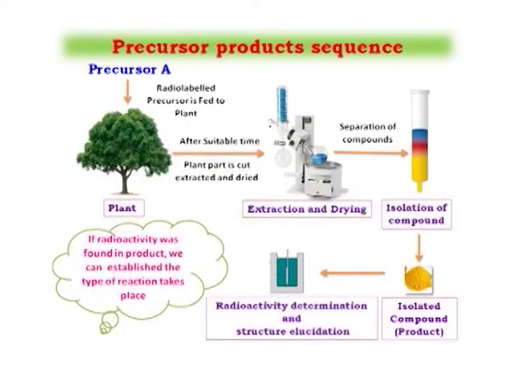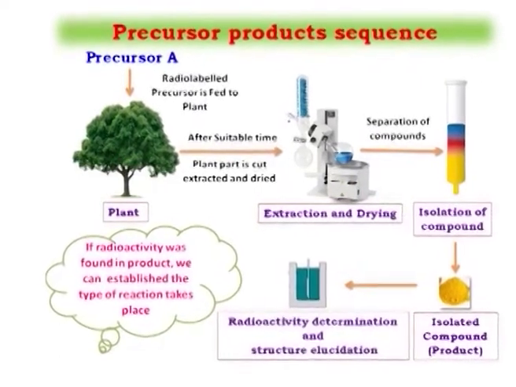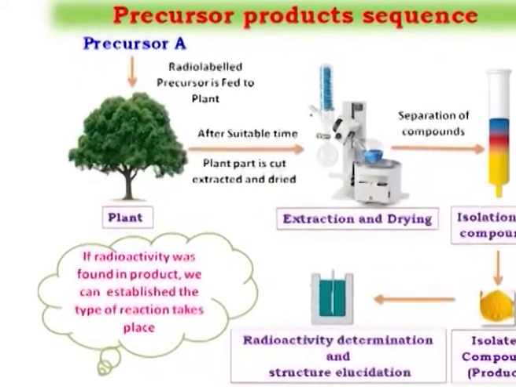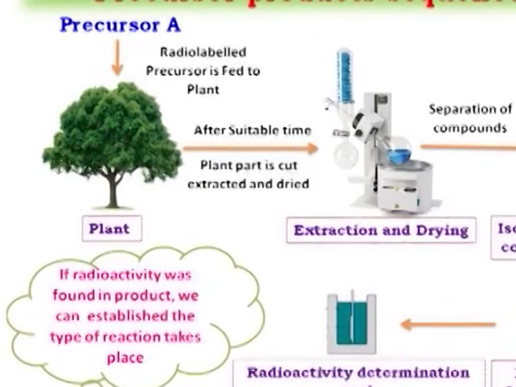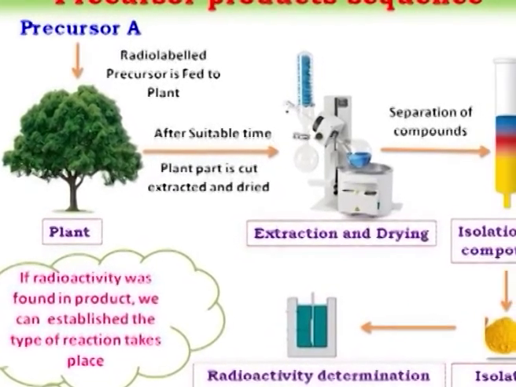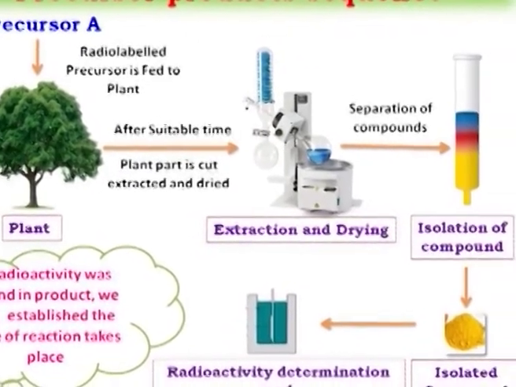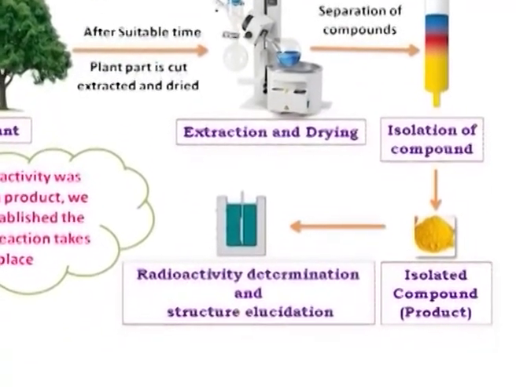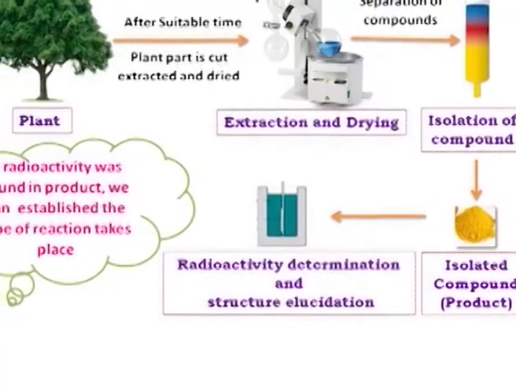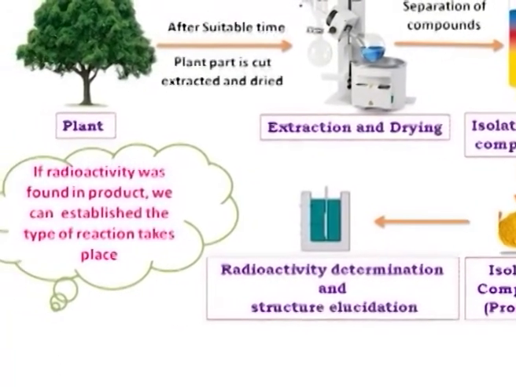First, precursor product sequence analysis. In this technique, the presumed precursor of the constituent under investigation, in a labeled form, is fed to the plant for a short period of time, and after a suitable time period, the constituent produced in the plant is isolated, purified, and its radioactivity determined.